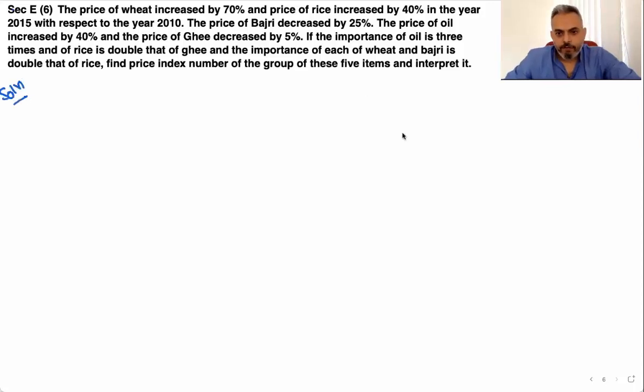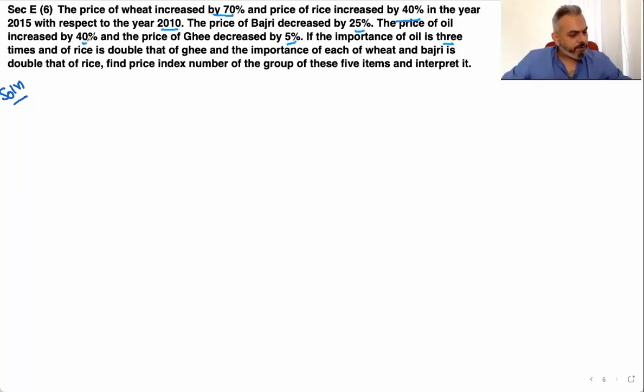The prices of wheat increased by 70%, rice increased by 40% in the year 2015 with respect to year 2010. The price of bajri decreased by 25%, price of oil increased by 40% and the price of ghee decreased by 5%.